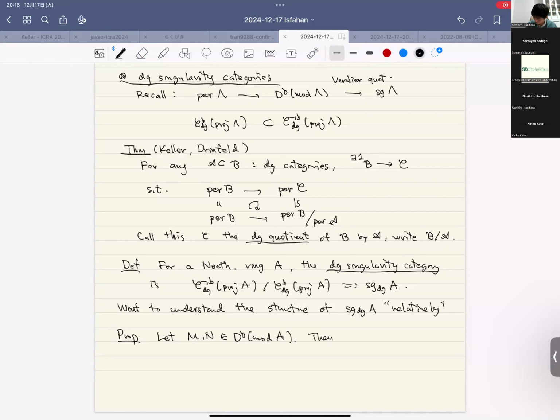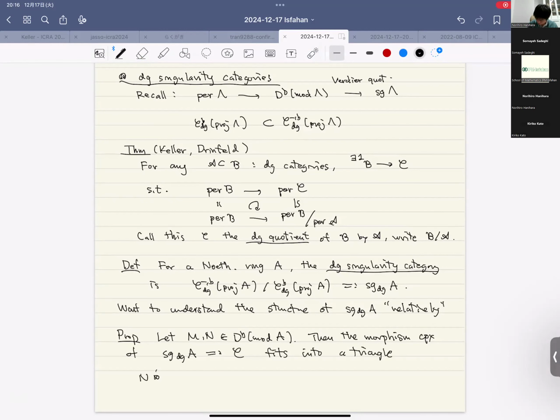Then the morphism complex of the DG singularity category, which I will denote by C, fits into a triangle with the tensor of A over R, Hom from M to A, R Hom A to N, and C(M,N).